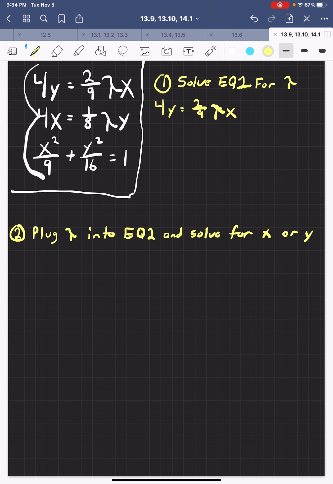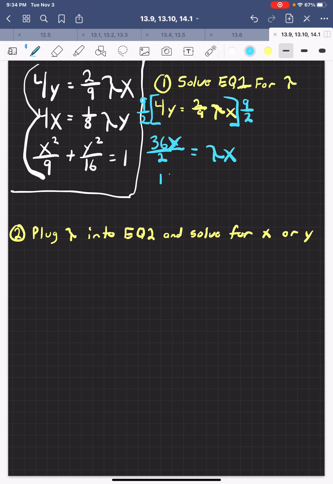It's probably easier to multiply to get rid of that fraction. If we just multiply by the reciprocal of 2/9, which is 9/2, that will give me 36/2 y, which is basically just 18y, equals lambda x.